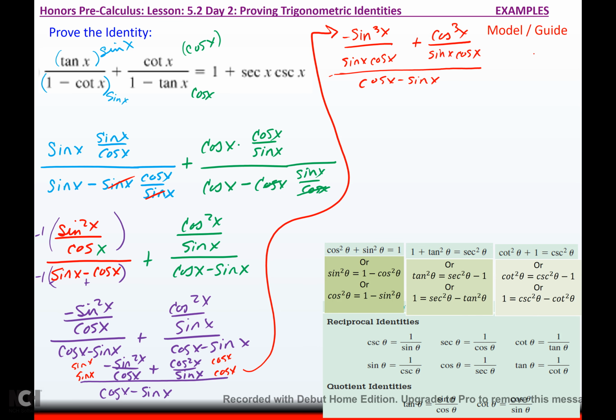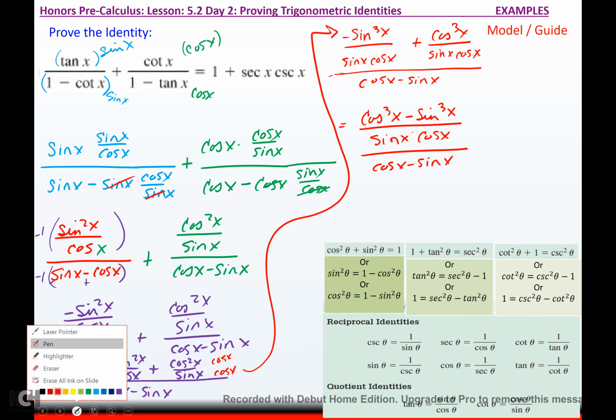So now on top I have cosine cubed x. I'll put the positive one first. Cosine cubed x minus sine cubed x all over sine x cosine x, all over cosine x minus sine x.